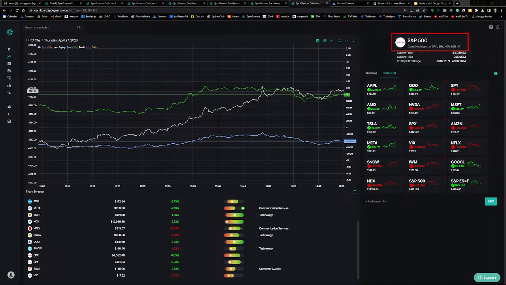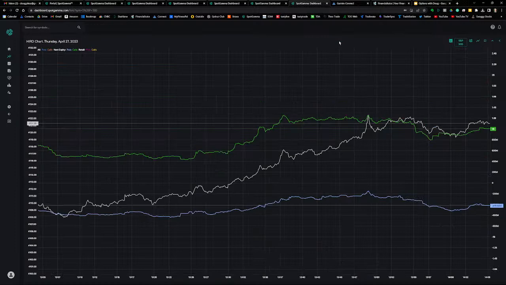All right, so I've sliced this and diced this, and what I've come up with, what appears to be driving price action today, is 0 DTE options trades.